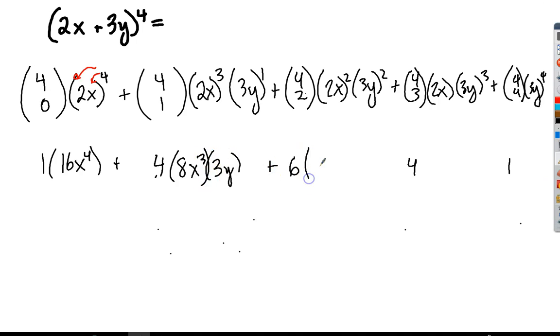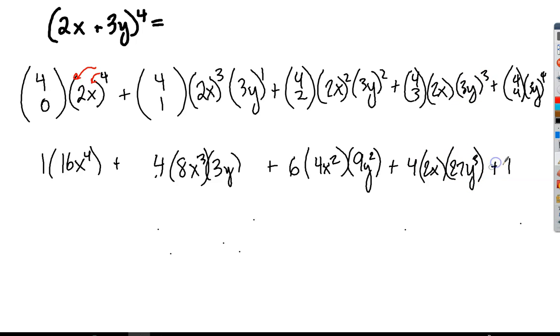Then we've got the 6 from here, 4x squared, 9y squared, 2x, 27. Careful, make sure you're doing powers, not multiplying. And then 1 times 3 to the 4th is 81, y to the 4th. And then you just have to simplify. So my final answer here comes out to, let's see what we get, 16x to the 4th.